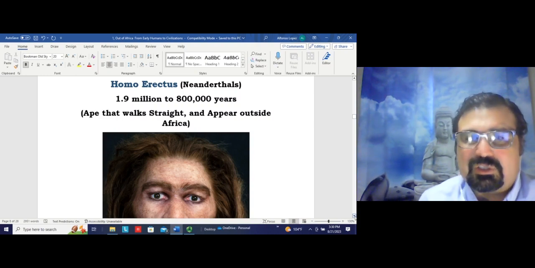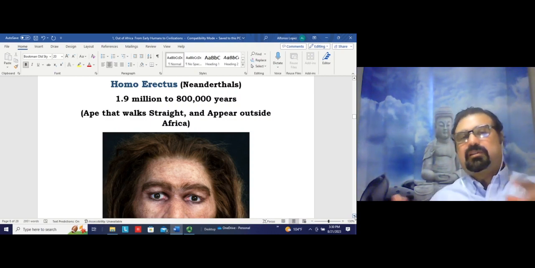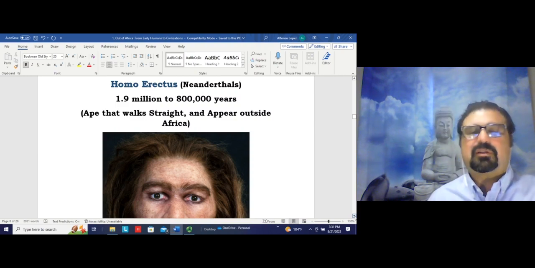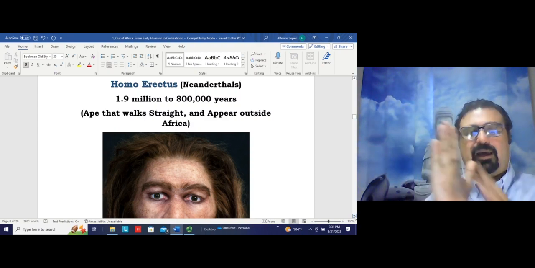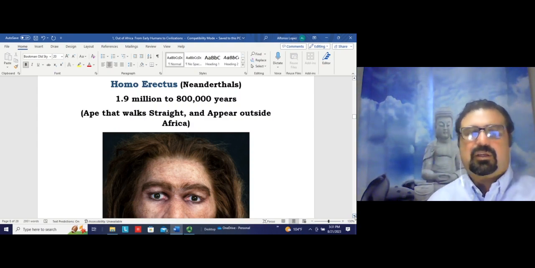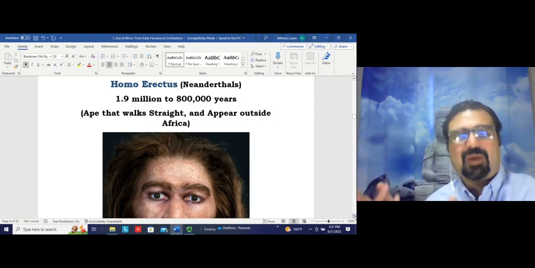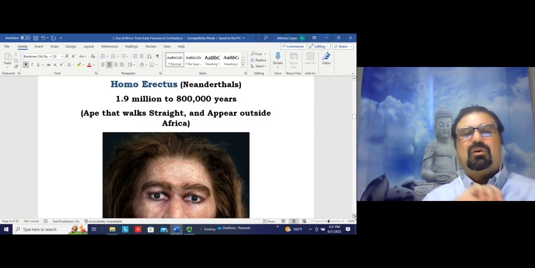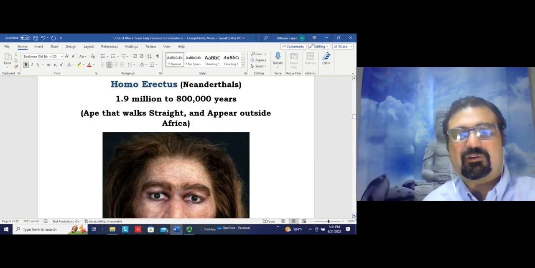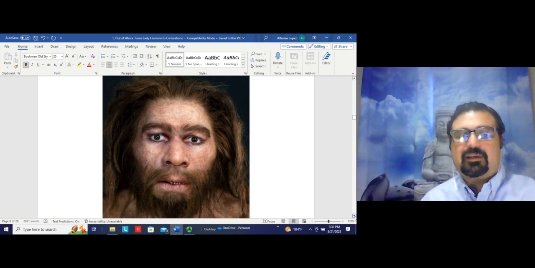Homo erectus is also referred to by some scientists as the Neanderthals. This is the human being that is not only walking on two feet, but also in a very erect way, with a spine like modern humans. An ape that walks straight and is going to be the very first humanoid to migrate out of Africa.